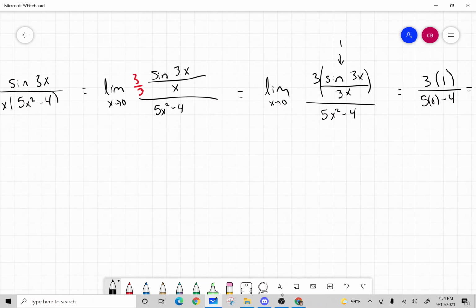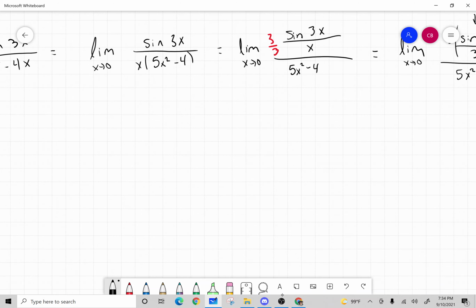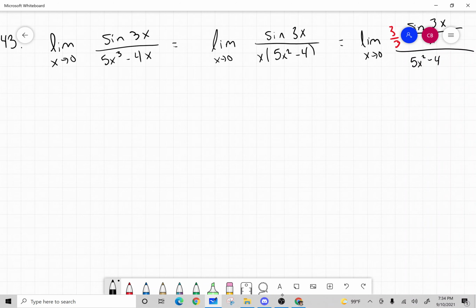So we're going to do, I know that was really tricky, and it kind of sucked. We have limit x approaches 0 of 1 minus tan x over sine x minus cos x.